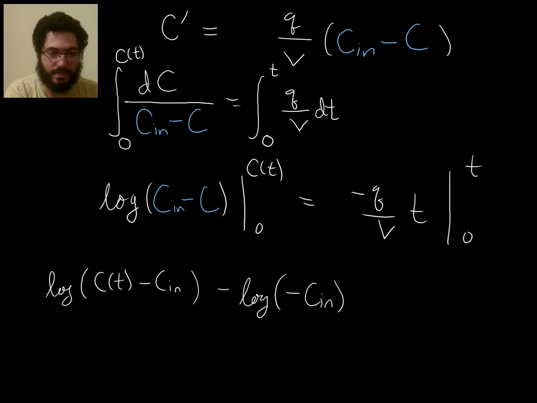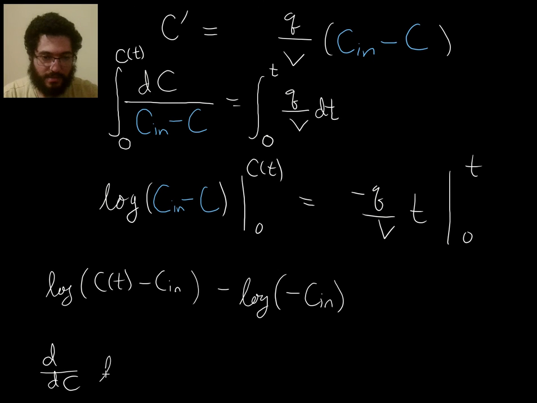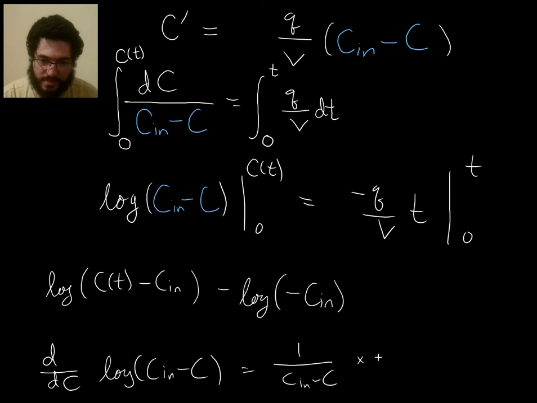If you were to compute d/dc of log of c in minus c, do you actually get the integrand here? No. You would get 1 over c in minus c times negative 1 from the chain rule, due to the fact that there's a minus sign here. So to make this correct, I need a minus sign here.